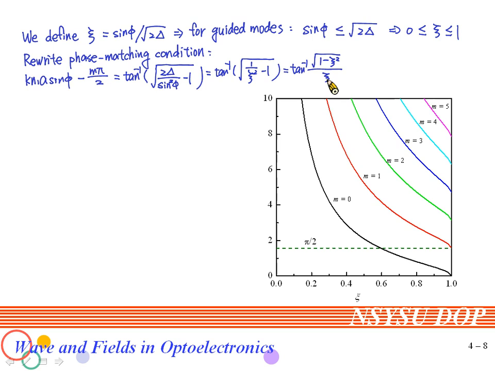Okay? And suppose that this will give you a value of theta. So according to the relationship here, we know that tangent theta will be this value. So the triangle will show you the tangent theta will have 1 in this side and C in this side, and this side will be square root of 1 minus C square.